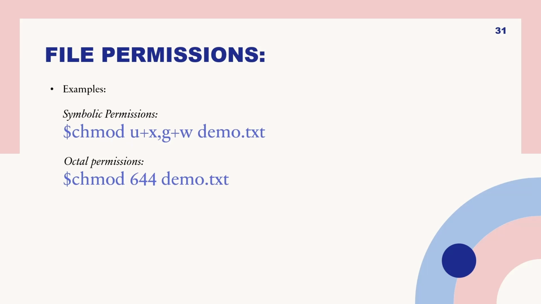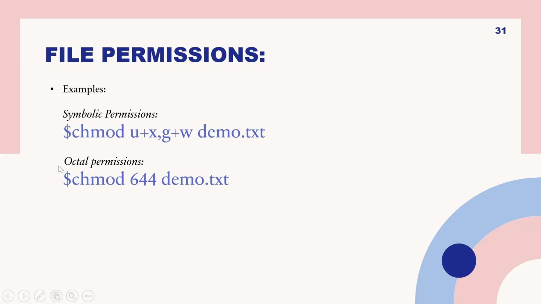In symbolic representation, how do I change permission of a file like demo.txt? If I write chmod u+x, we are adding executable permission for the user on the demo.txt file.